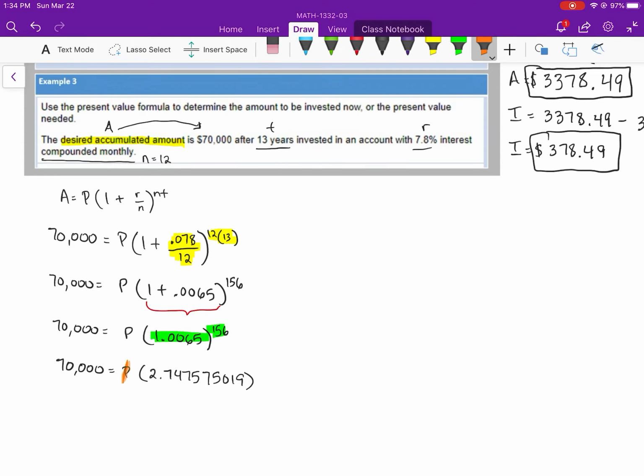All right, now we are trying to solve for P here, okay? We're trying to solve for P here, okay? So, this is just like algebra here, okay? We're trying to solve for a variable here, which means I'm going to have to divide both sides by that 2.7475.